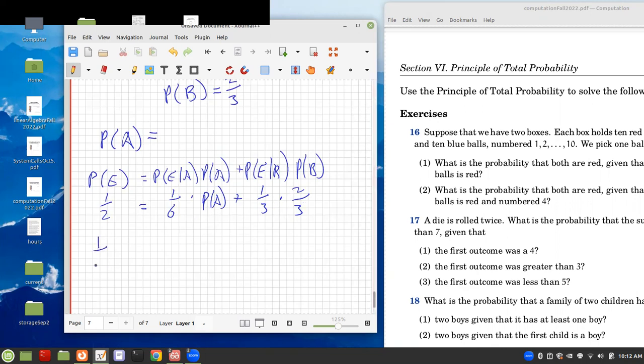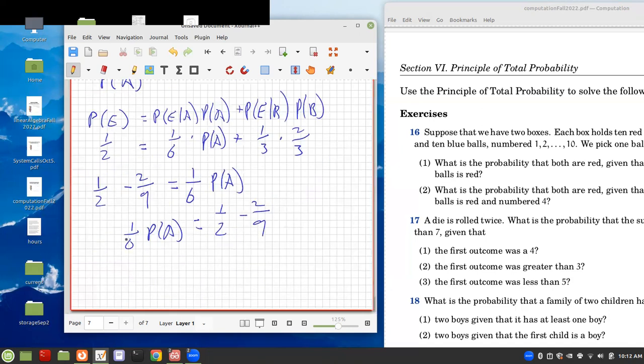So we're going to have 1/2 minus 2/9 equals 1/6 probability of A. Putting the right-hand side on the left, we get 1/6 probability of A equals 1/2 minus 2/9.